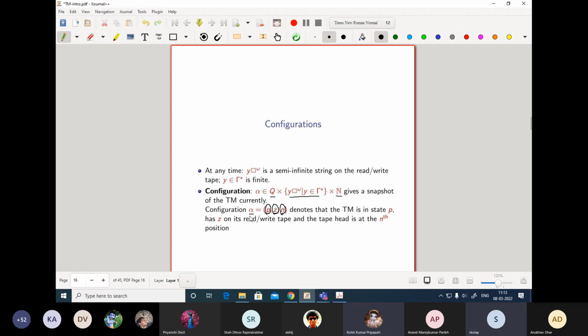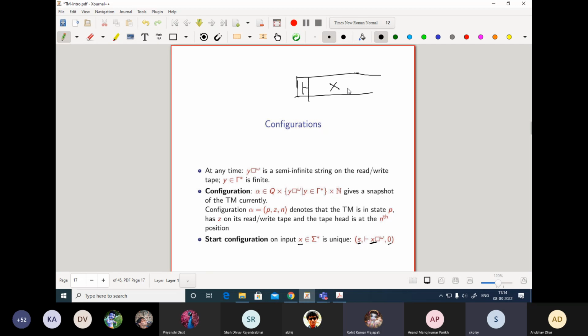Now if we want to look at what the start configuration is on some input x, then the start configuration is unique. After the left-hand marker, you will write down x, the input. You are at start state s, and you will start off from the left-hand marker, which is the 0th cell. So when you're starting your Turing machine, this is what it looks like.